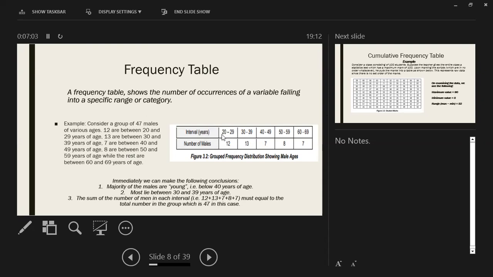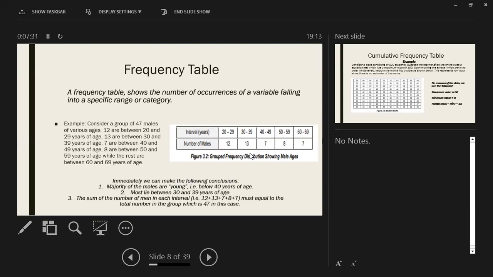And for each class interval, remember we said there is a lower limit of that class and an upper limit of that class. Lower limit of this class and upper limit of that class, right? And these are the frequencies, the number of people that fall into that bundle, that range, that category.